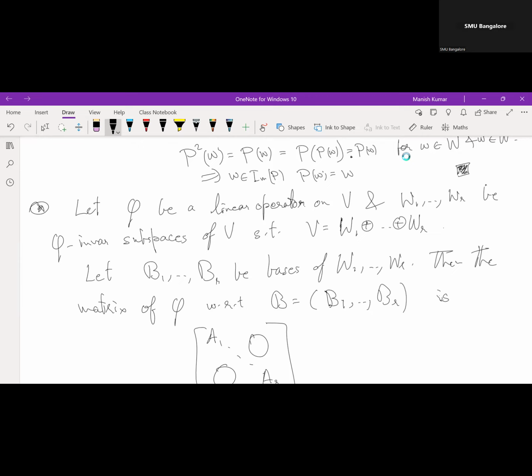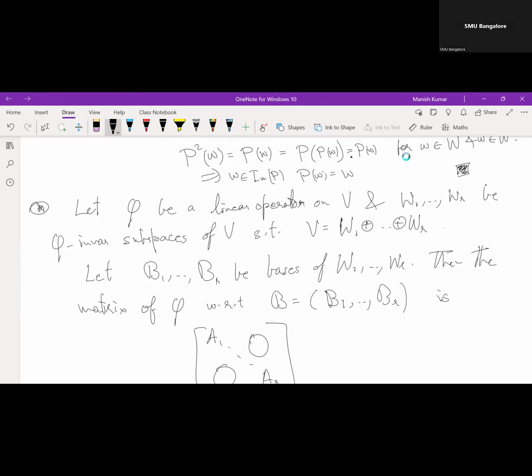The sum of the Wi is the whole of V, and W1 intersection the sum of the remaining ones is 0, and so on. Or in other words, any element in V you can uniquely write as a sum of W1 plus W2 plus W3 up to WR. These are multiple ways of thinking about this.